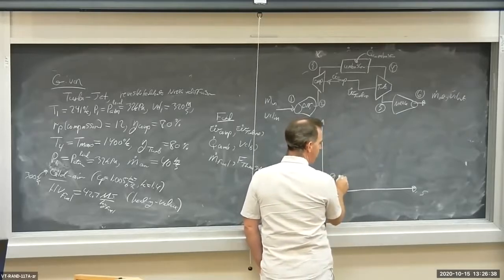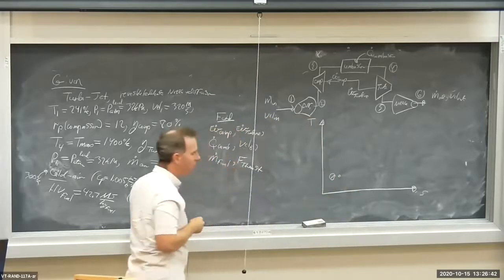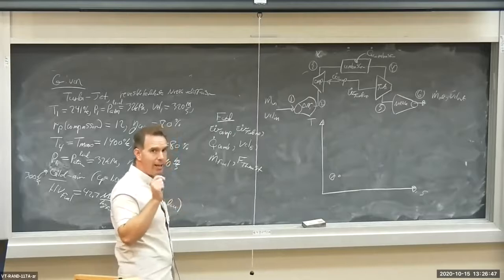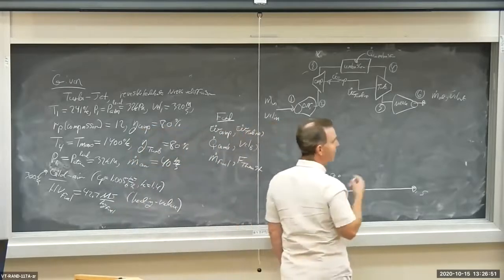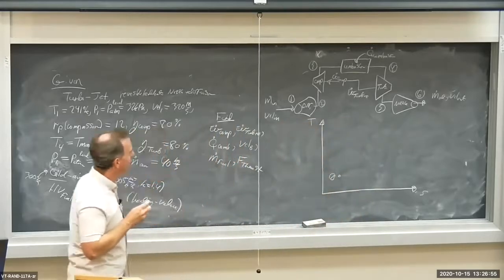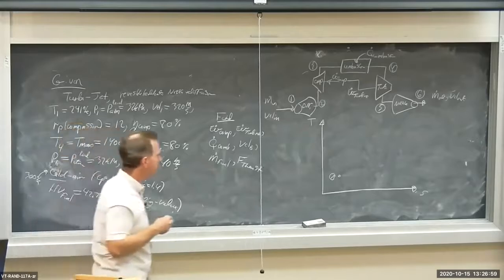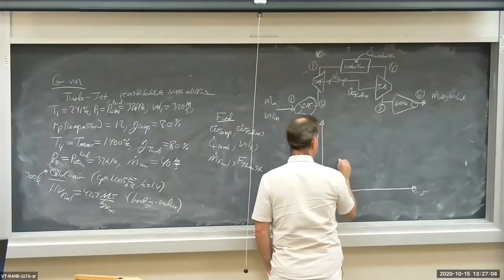If it's a reversible adiabatic compression process in the diffuser, you apply the entropy balance and you get S dot gen is 0, so it's reversible. Therefore, you get an isentropic process through the diffuser.